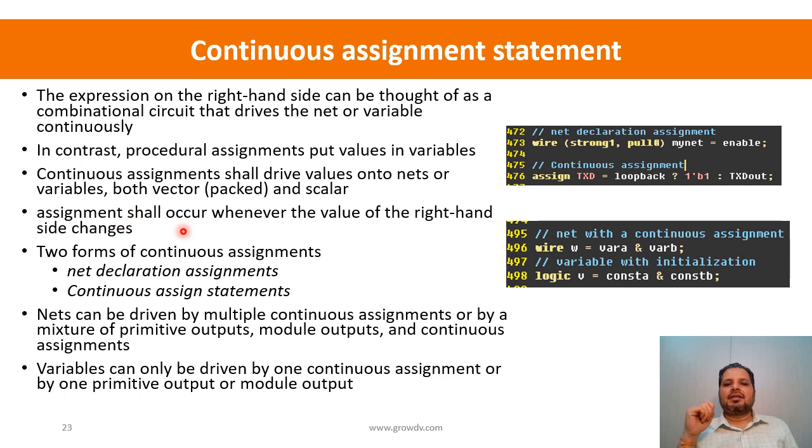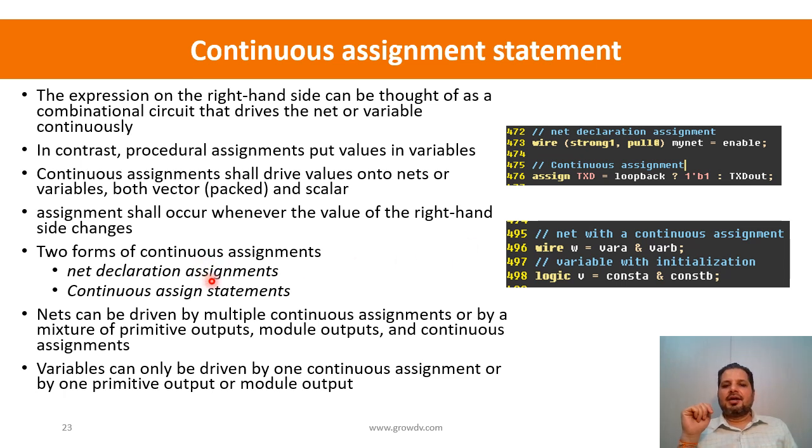And then the assignment, as we said, occurs whenever the right hand side changes. There are two forms of continuous assignment statements. One is called net declaration assignments and another is a continuous assign statement. The net declaration assignment means that if I say wire w equal to variable a and variable b, this by default creates a continuous assignment statement.